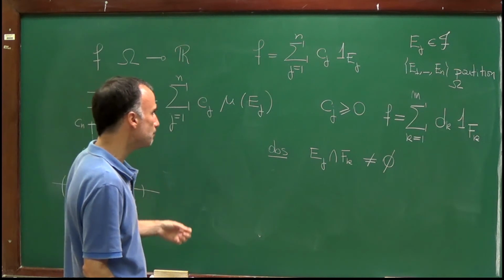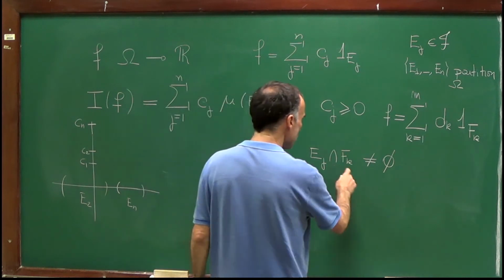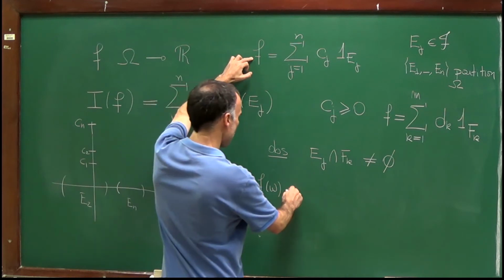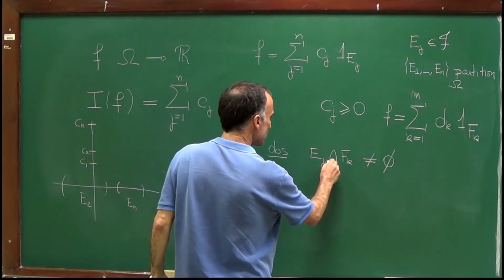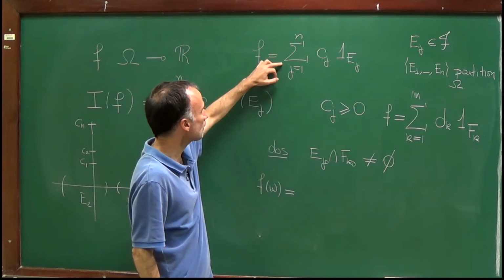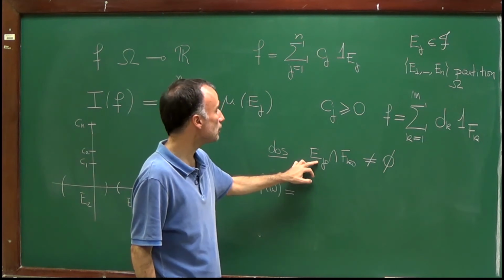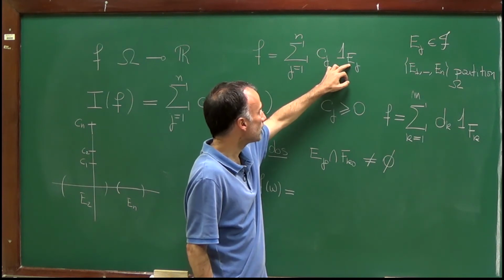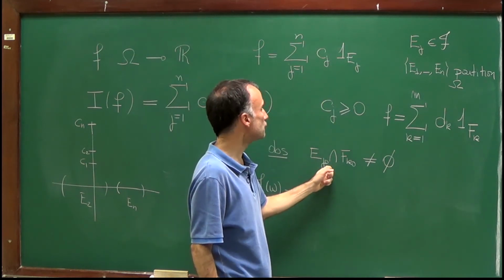If I take a point omega which belongs to the intersection, say Ej0 intersection Fk0, then on the one hand, by the first definition, since omega belongs to Ej0, the indicator of Ej at omega vanishes for all j different from j0, because the Ej form a partition.